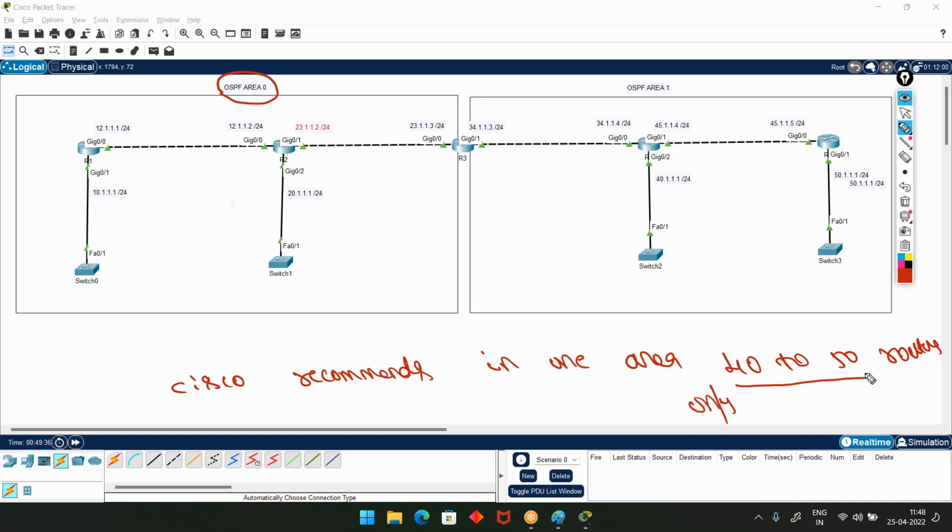In area 1, 40 to 50 routers. In area 2, 40 to 50 routers. As per your requirement, you can configure n number of ABRs as well. There is no issue. Getting my point?